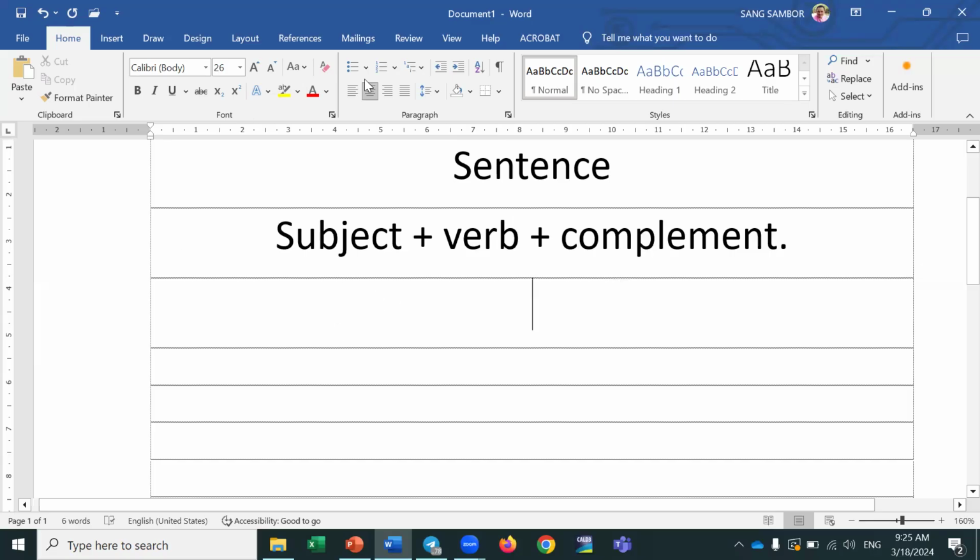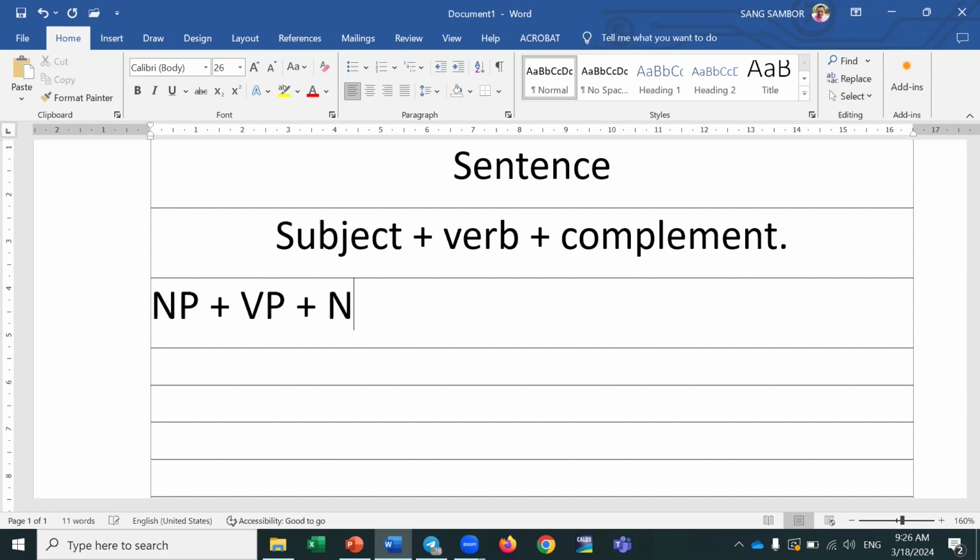So you probably have the subject, which could be identified as what we call noun phrase, plus verb phrase, probably plus noun phrase, probably plus prepositional phrase, things like that.